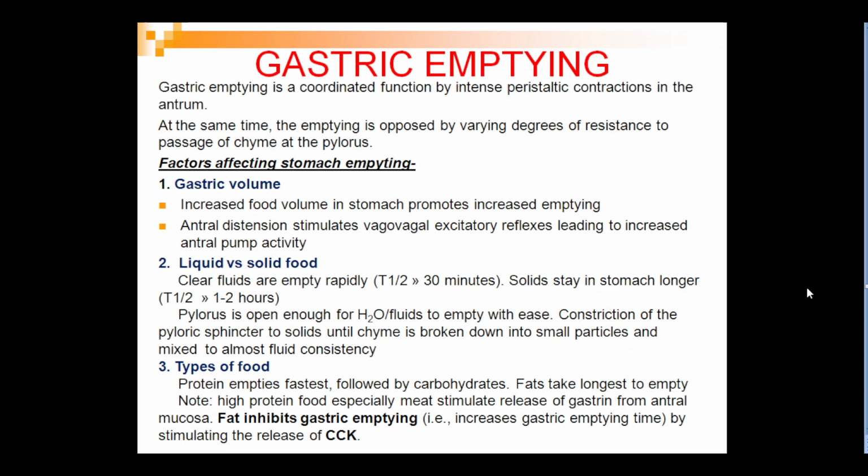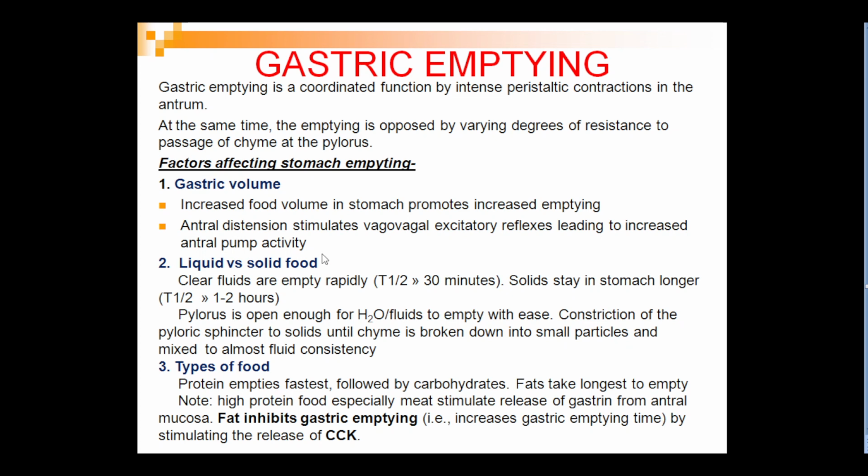First one is the volume. If the food volume in the stomach increases, it promotes emptying, which makes sense. You have to empty it faster, because antral distension will stimulate the vagovagal reflex, leading to increased antral pump activity, and the sphincter will open, the pyloric sphincter.